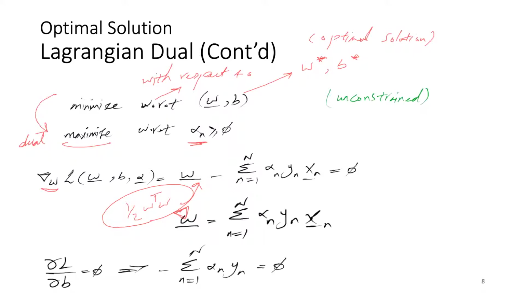Okay, so now that we found w, we can find b as well, right? In order to find b, we need to take the derivative of the Lagrangian function with respect to b, and it would be equal to minus the summation of alpha_n y_n, right?